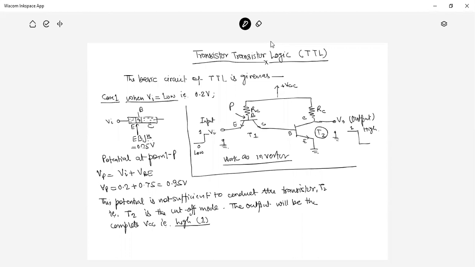And case 2 is when V input is high. High means suppose 5 volt.